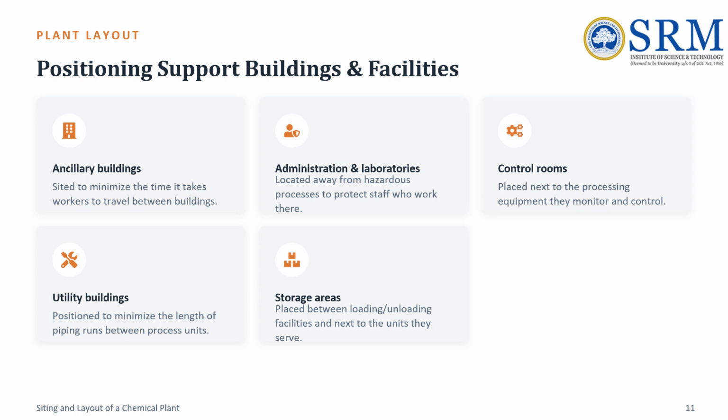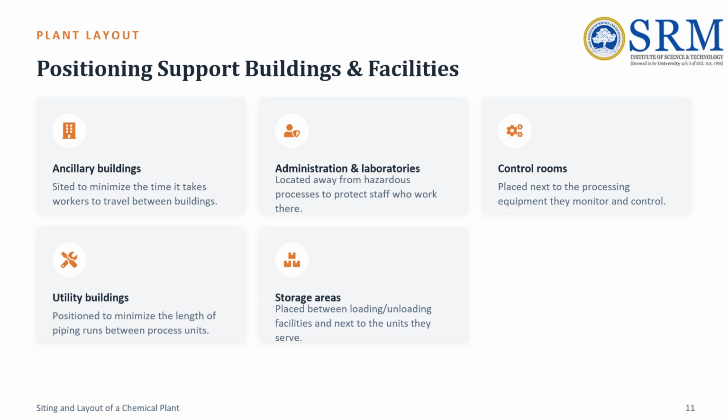Next, let us talk about positioning support buildings and facilities. Support facilities also play an important role in plant layout. Ancillary buildings should be located so that employees can easily access them. Administrative offices and laboratories should be situated away from hazardous processing areas.